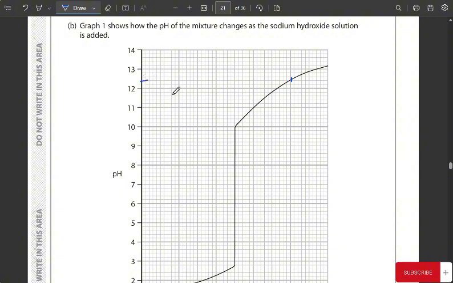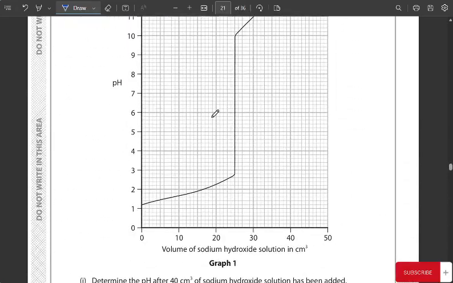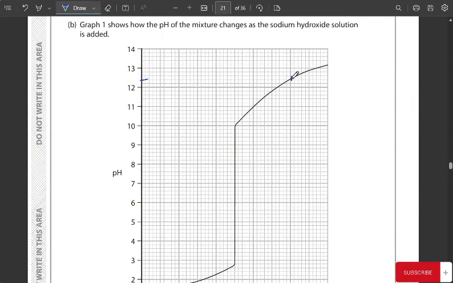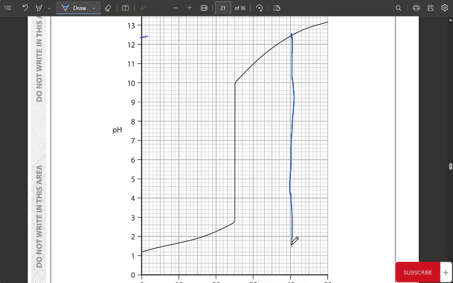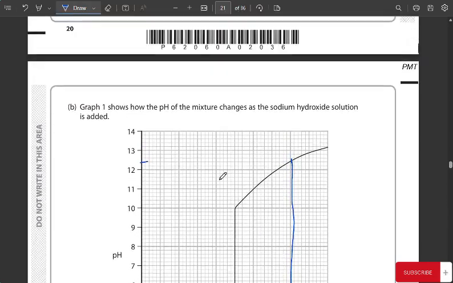The answer is 12.4, because we draw a line from here to here, on the y-axis, and on the x-axis also, and the answer is 12.4.